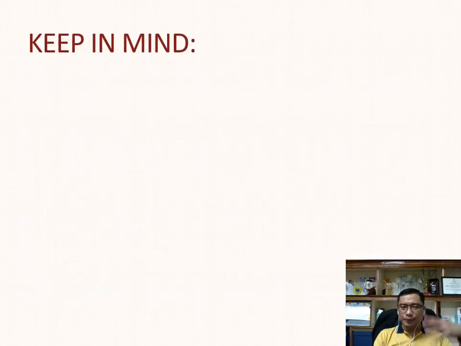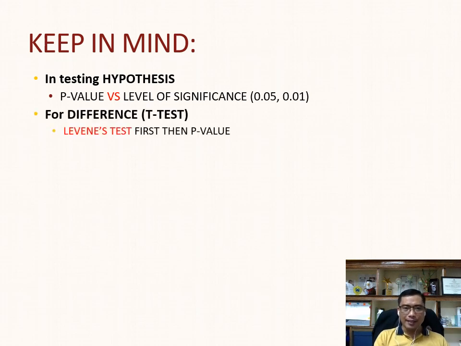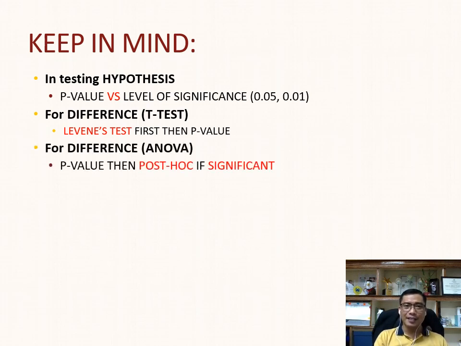Okay? So, as a review, try to keep in mind, in testing the hypothesis, p-value, compare it with 0.05. For t-test, you look first at the Levene's test, then the p-value. For test of difference involving many groups, not just two, p-value first.